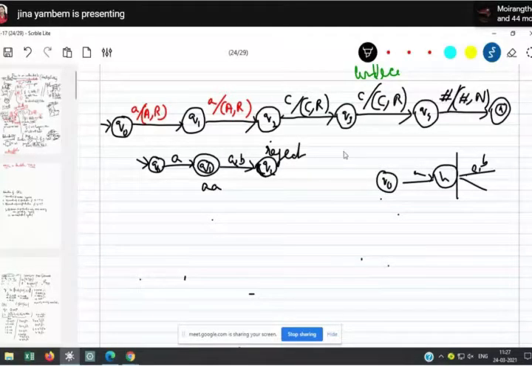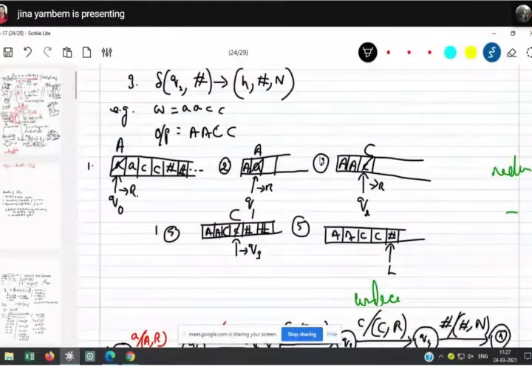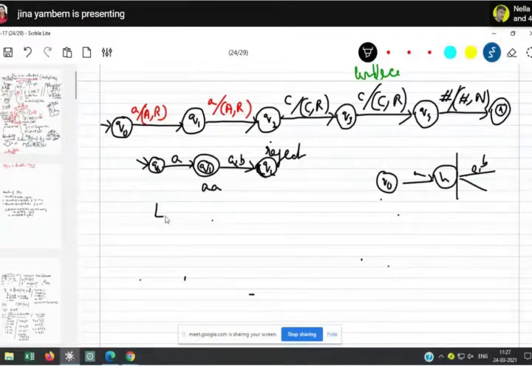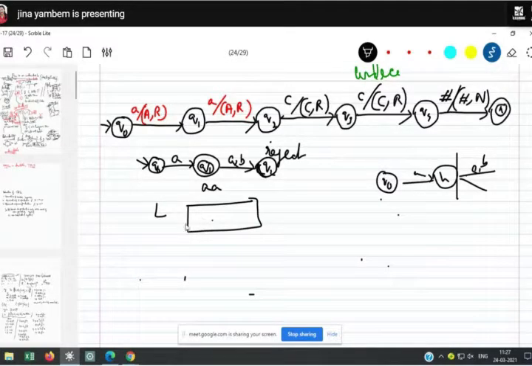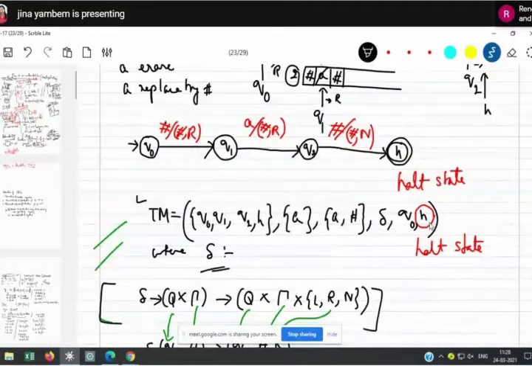Now in the case of the Turing machine, if we are going to design a machine which is going to accept a language L, then while designing that machine, we should not specify the part of the language which has to be rejected if it does not satisfy the language condition. That has to be mentioned here. So from today onwards, instead of halt, I'll talk more about this halt state.